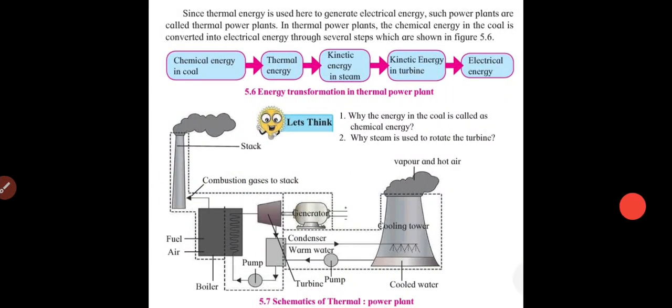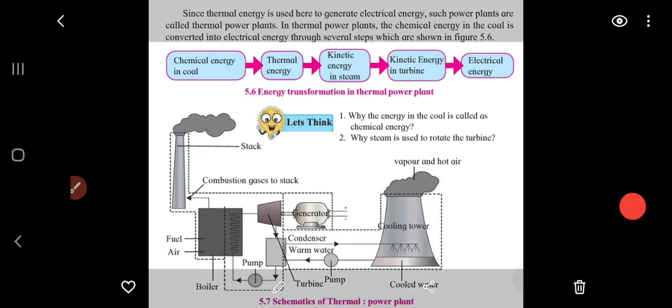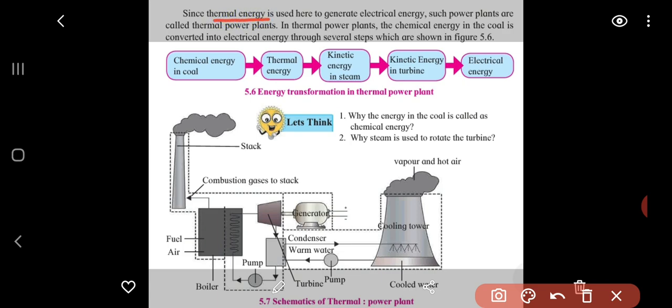So here once again, if you are able to see, it's a power plant schematic representation. Since thermal energy is used here to generate electrical energy, such power plants are called thermal power plants. So why do we call them thermal power plants? Because thermal energy is used.